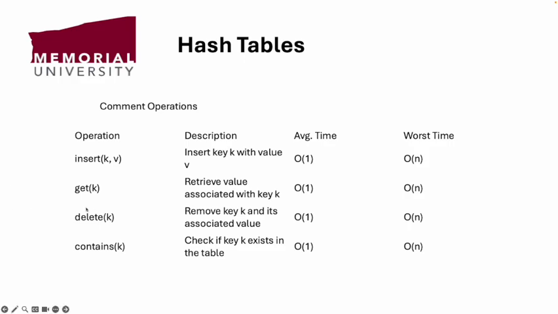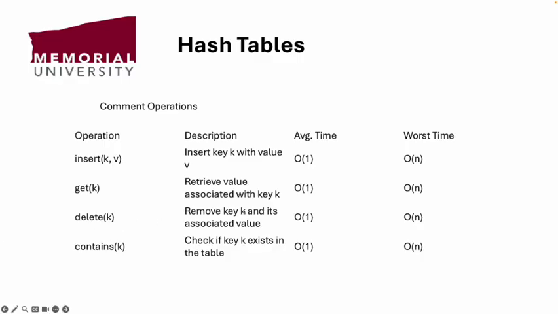Next, get the value. You pass a key and you get its value, to retrieve the value associated with the key. How does that work? You pass the key through the hash function, you get the index value, and with the index value you can find the corresponding value of this key.